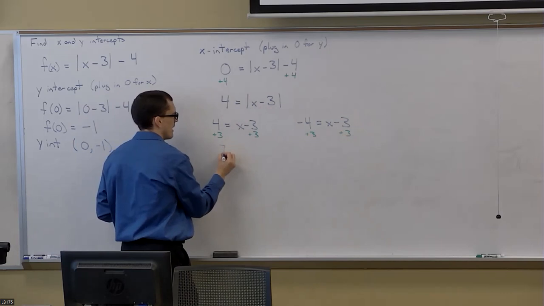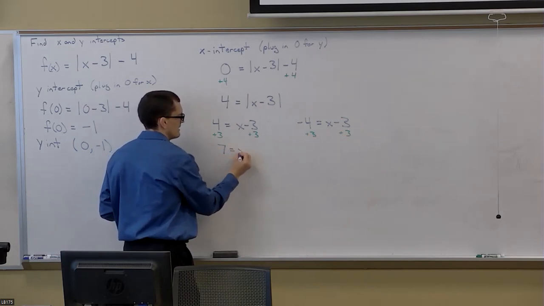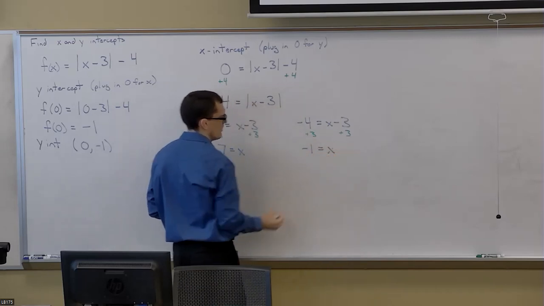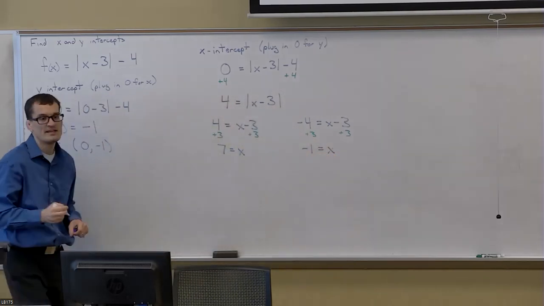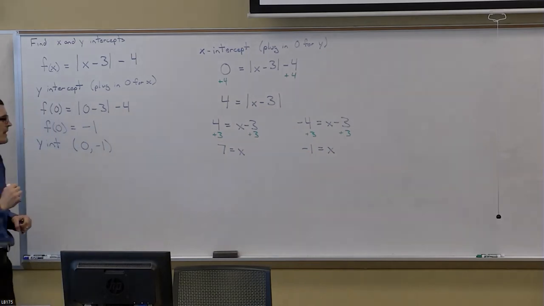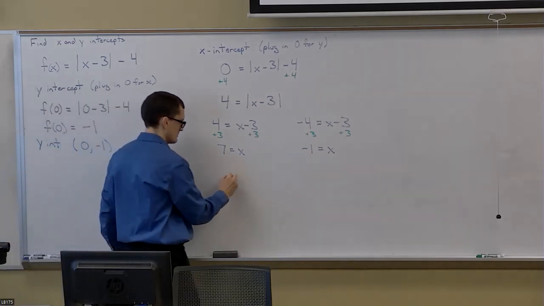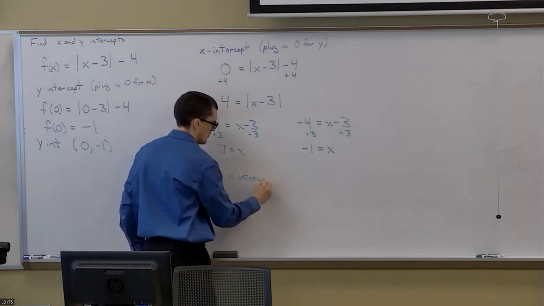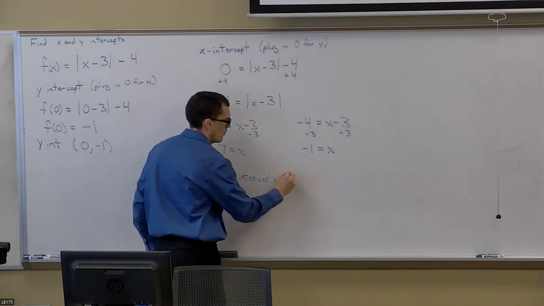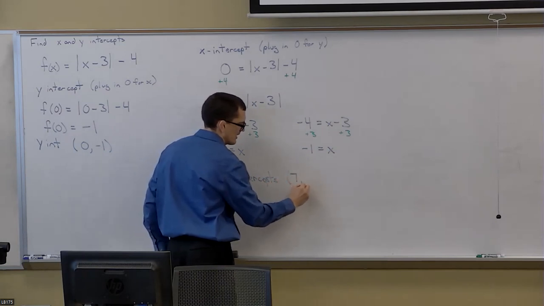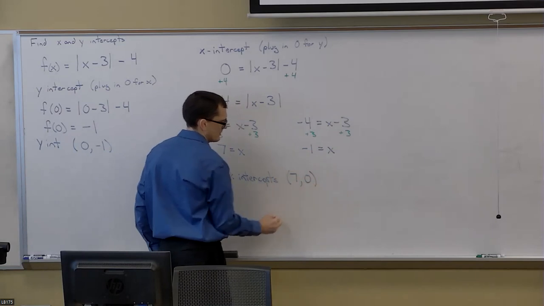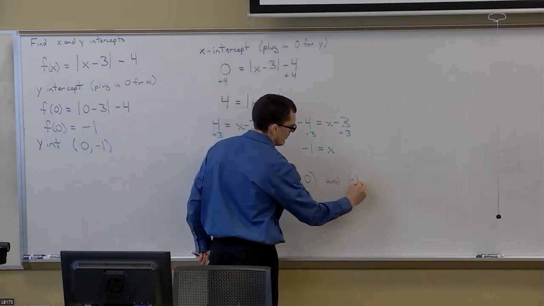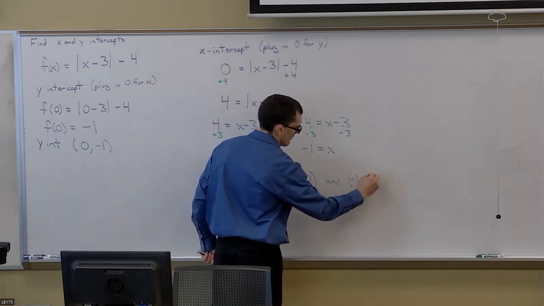Over here, I got an x value of 7. Over here, I get an x value of negative 1. That means I have 2 different x-intercepts: one which has x value of 7, y value of 0, and the other which has x value of -1 and y value of 0.